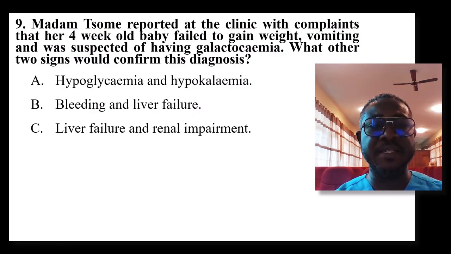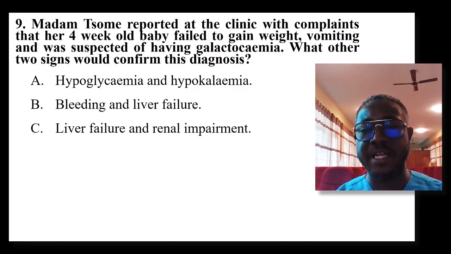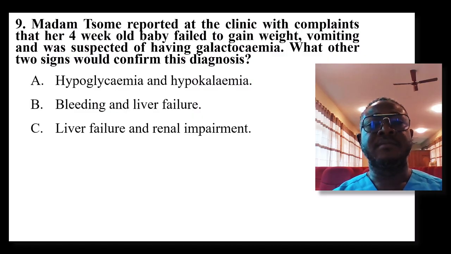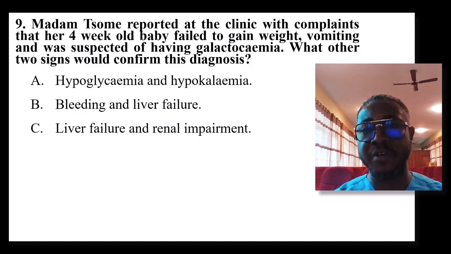B. Bleeding and liver failure. C. Liver failure and renal impairment. So here we are looking at clinical features, the hallmark clinical features of galactosemia. Okay, all right. So what is your answer?